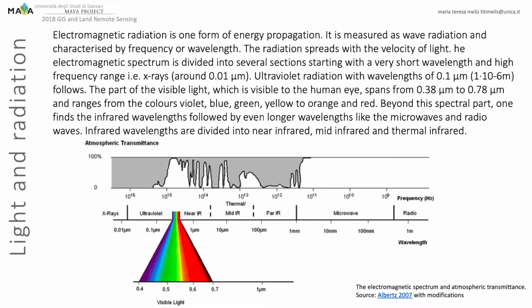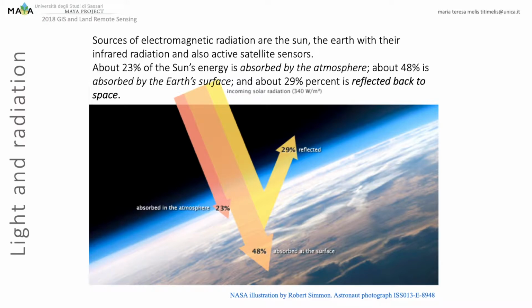In optical remote sensing we analyze data from the ultraviolet and visible to the far infrared, that is the thermal infrared wavelength. As the source of this radiation is the sun, it's very important to analyze what is the energy that is absorbed by the atmosphere.